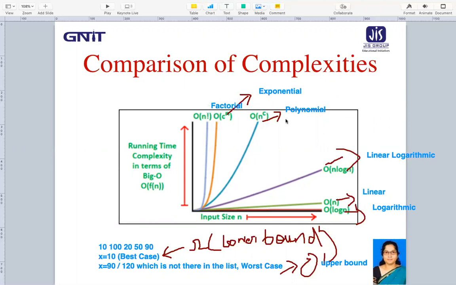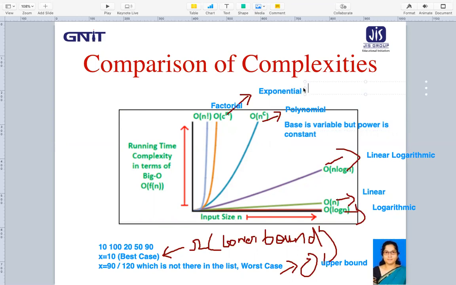And how can you distinguish between polynomial and exponential? In case of polynomial, the base is variable, but the power is constant.